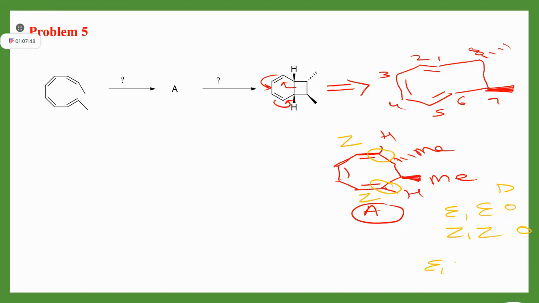And if they are E,Z it is syn. By looking at the structure also you can know that they are opposite. But here they are syn, while here they are opposite. So one thing is clear, which type of rotation do you have to do here? Obviously disrotation.